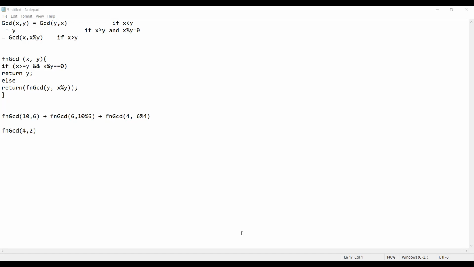So in other words, we perform the backtrack, and finally the result is 2. So in this way we have to backtrack, and finally we get this value 2 of fn GCD(10, 6). So in this way we calculate the GCD of two positive numbers, where the first number x is greater than y. Here we have to assume that.